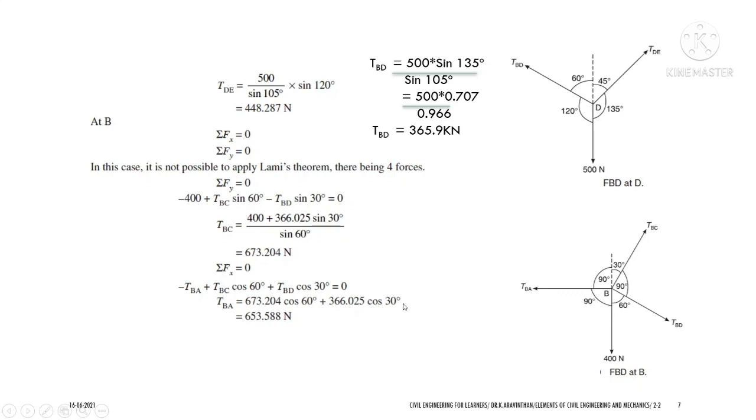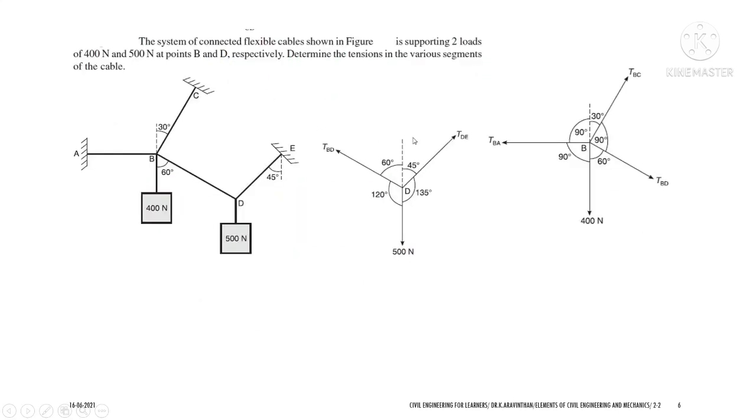Now you know the TBC value, 673.20, you can apply here, and you can take all the things outside this equation and find TBA as 653.88 Newton. So we had 4 unknown components, and all 4 components have been found out.